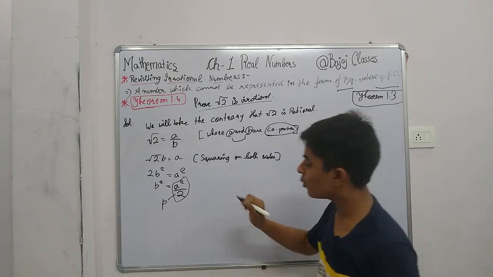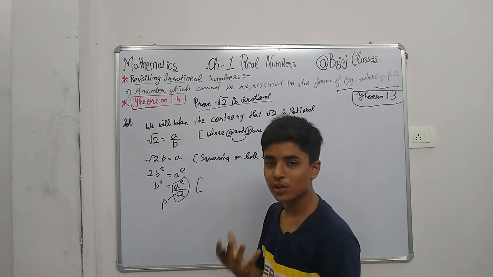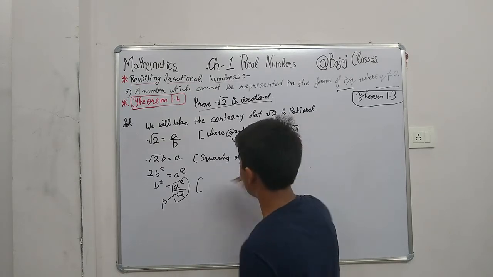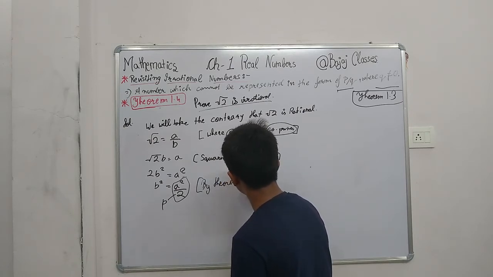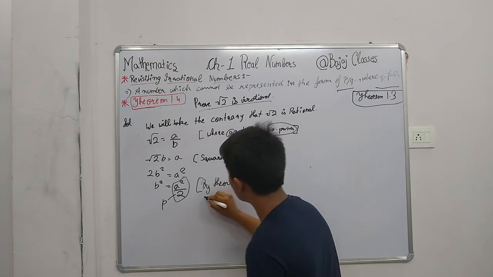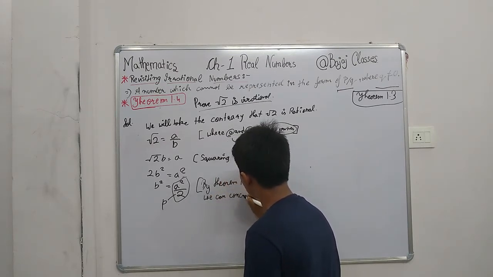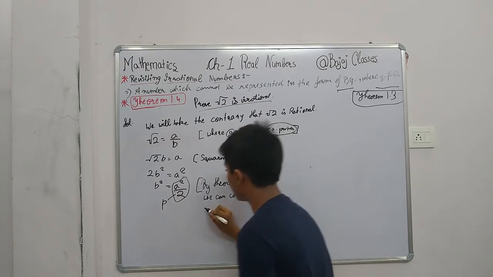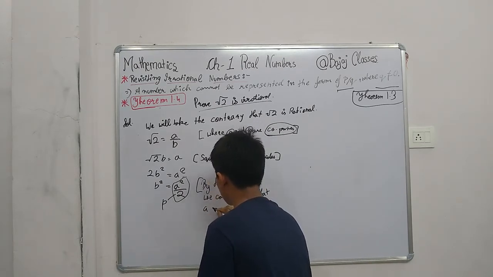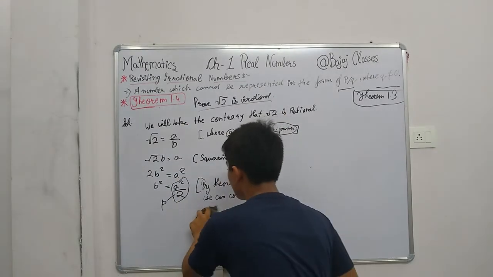So by theorem 1.3 we can conclude that a is divisible by 2.